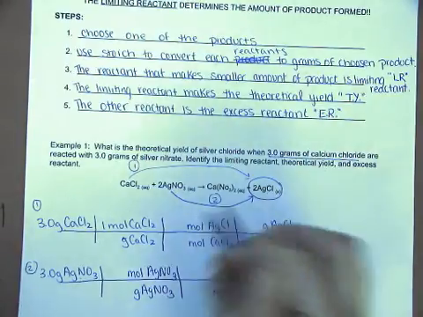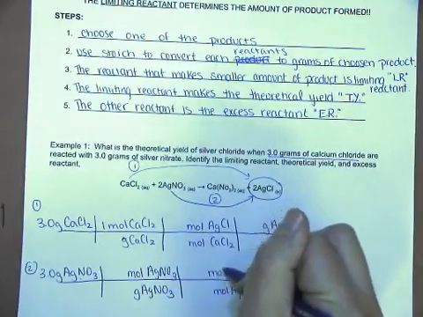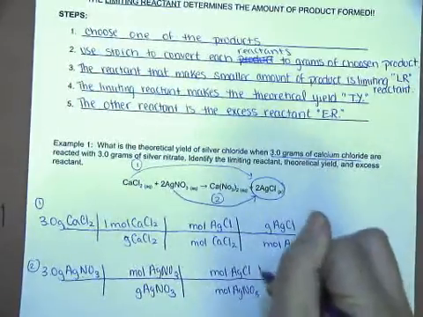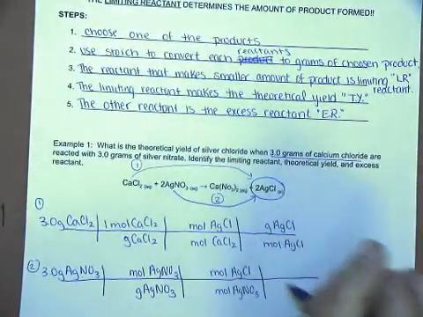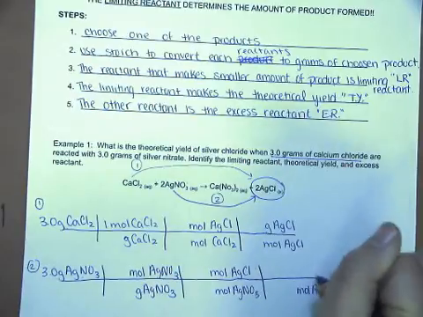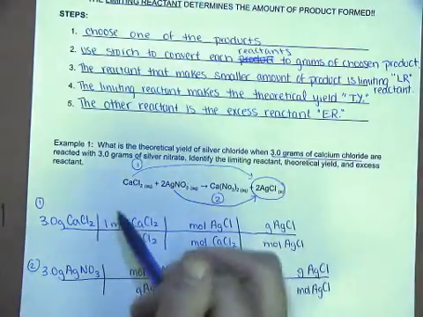I can go from moles of silver nitrate, now crossing my bridge, to moles of silver chloride. And then finally, moles drops down. Moles of silver chloride. I can finally get to grams silver chloride.